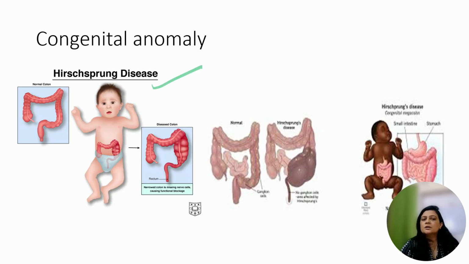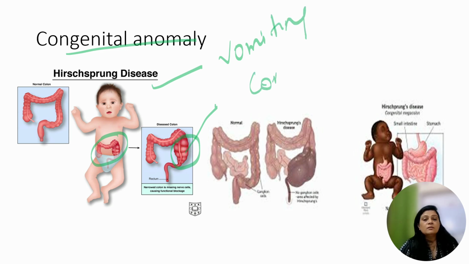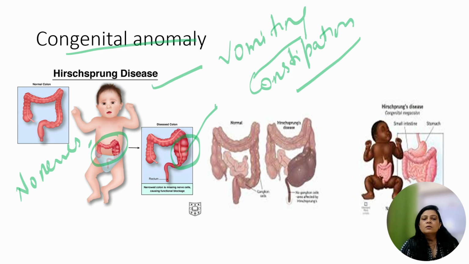What is Hirschsprung's disease? It's a congenital anomaly. What happened in this? The distal colon gets obstructed, because of which the stomach is distended. The child is having vomiting, is not able to pass meconium, is constipated, and abdominal distension will be there. Why does it happen? It happens because there are no nerves involved here.